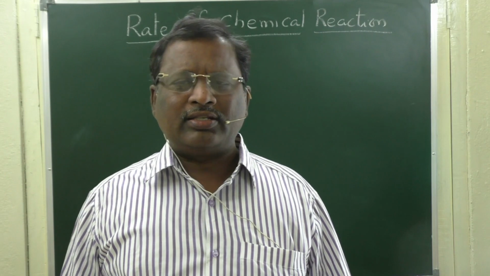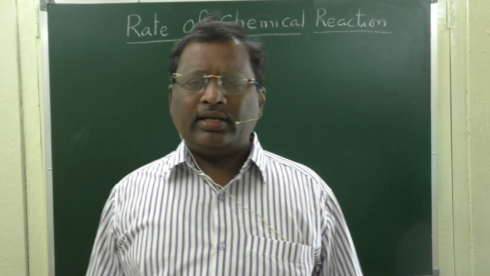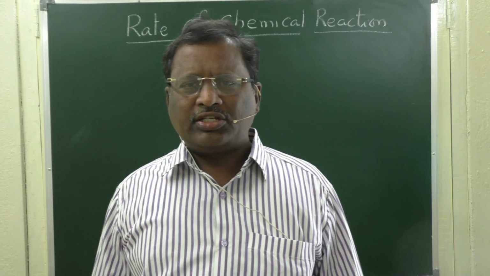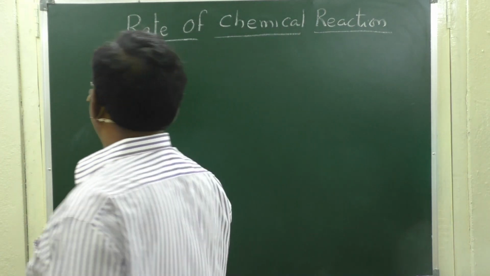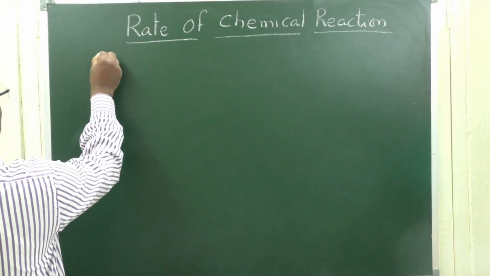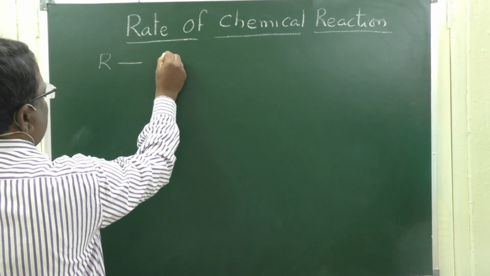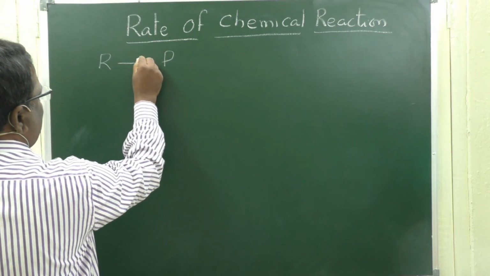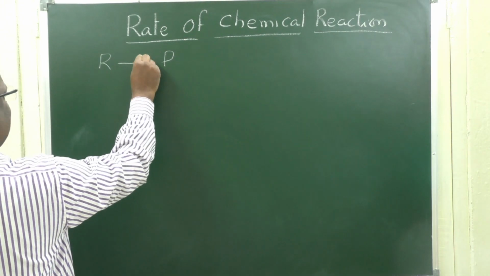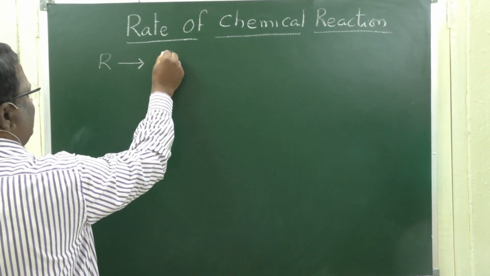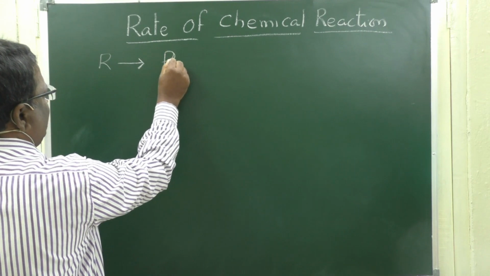So, for better understanding, let us consider a hypothetical reaction in which capital R gives capital P, where R represents reactants whereas P represents the products.